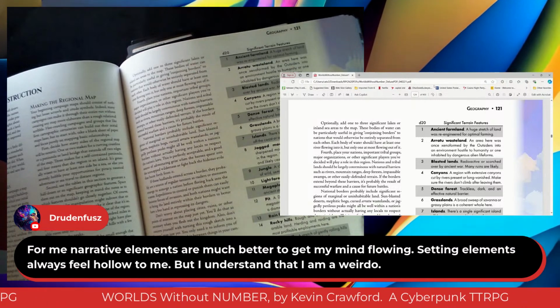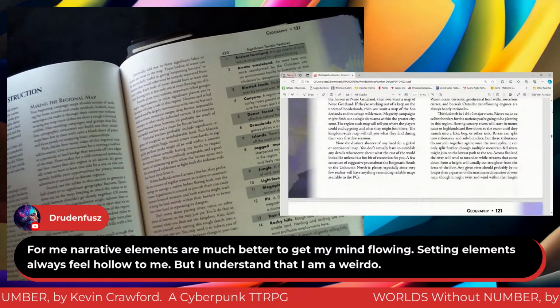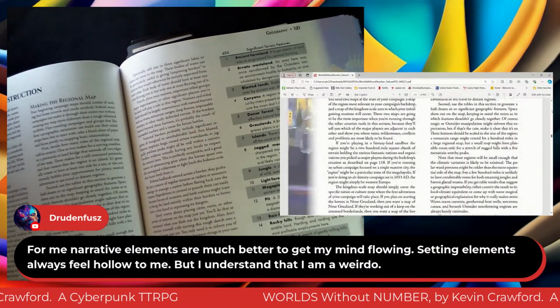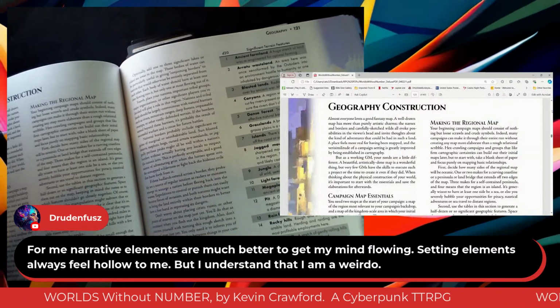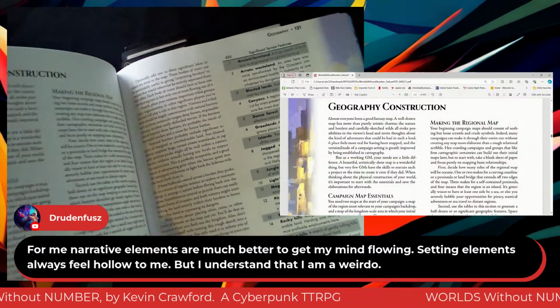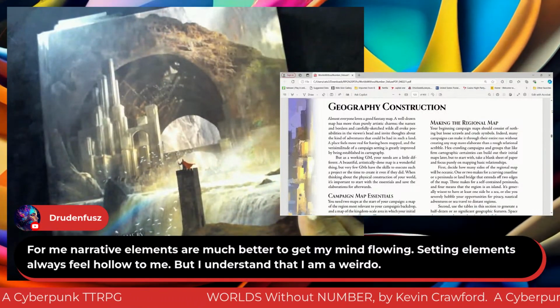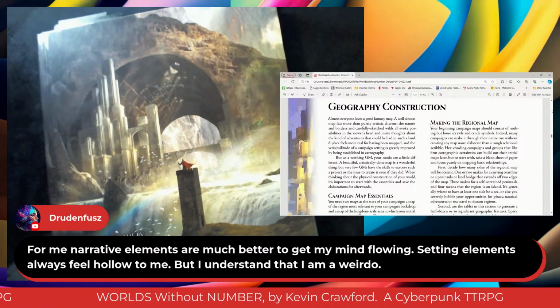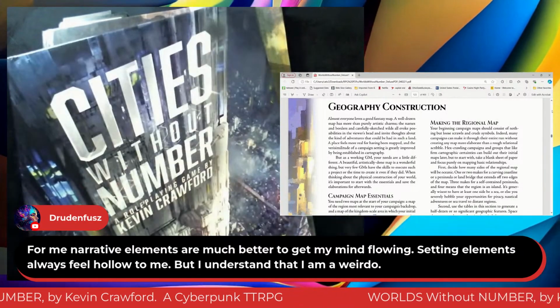So I am going to show this one, unlike the other games, Stars Without Number and Cities Without Number. Here we go, Stars and Cities.